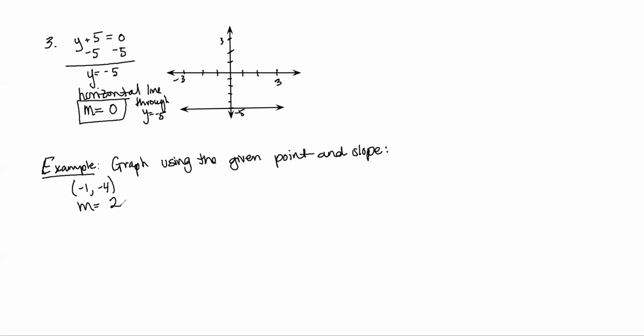So now we can go straight to setting up our coordinate plane, because we've already been given a point and the slope. Again, we have -1, -4, so I'll go about 4 or 5 in each direction.